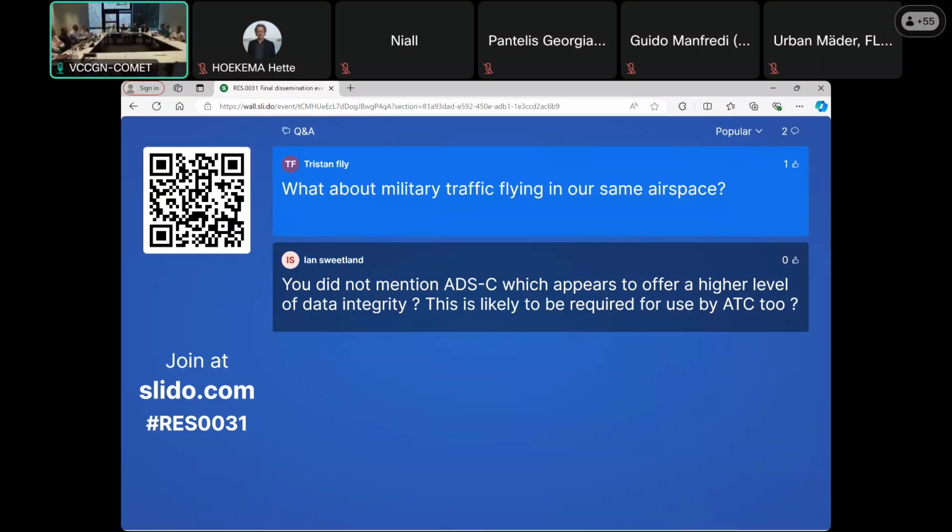When we talk about outside of U-space, Tristan, your point is very correct. Here we see developments going into two main streams. Military and state aircraft can share their position, for example, as an aircraft without registration or indicating they are military.